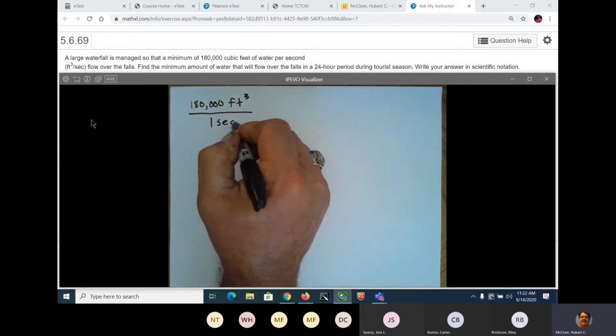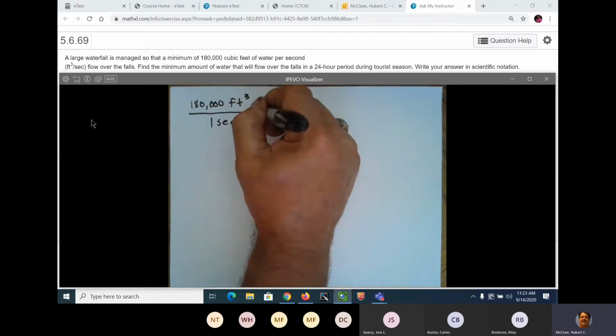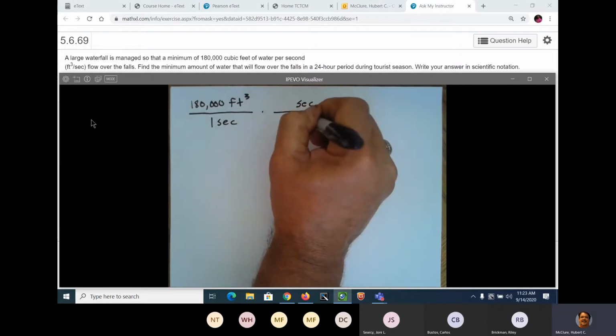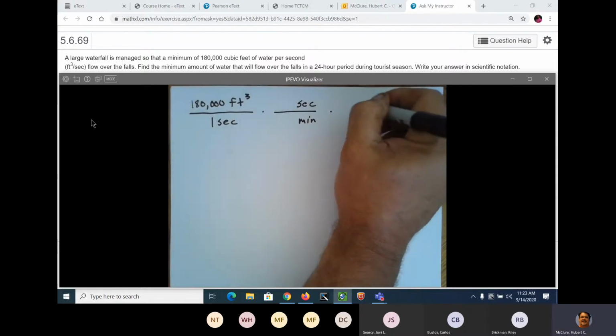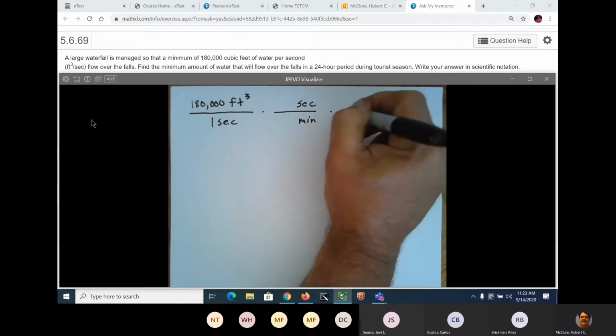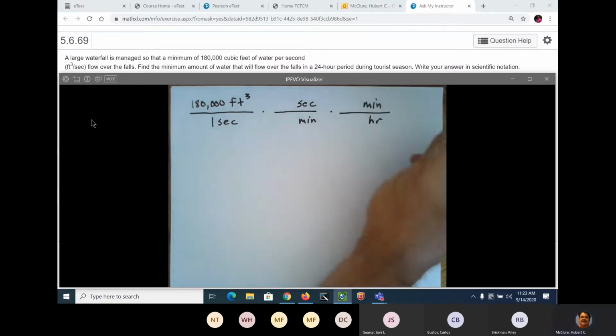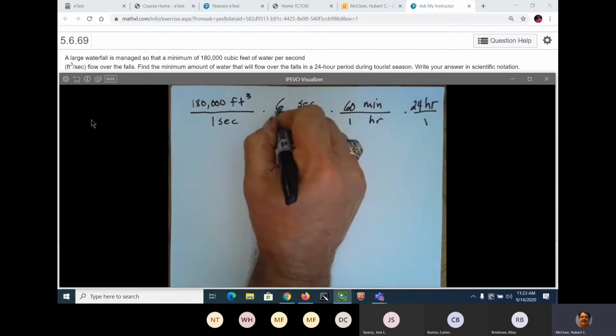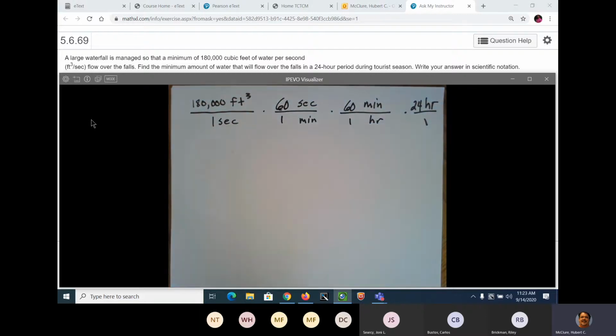Right now we got seconds, so we're going to have to put seconds on top to minutes, and then minutes to hours, and then 24 hours over 1. And 60 minutes is in 1 hour, and 60 seconds is in 1 minute.